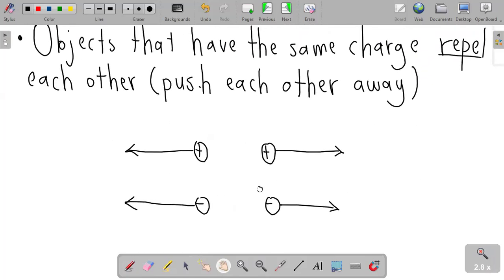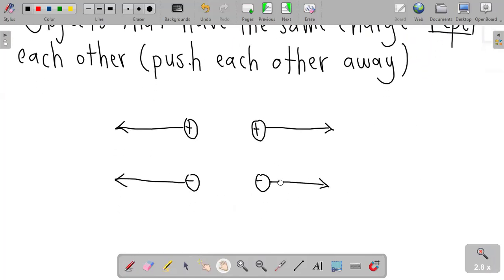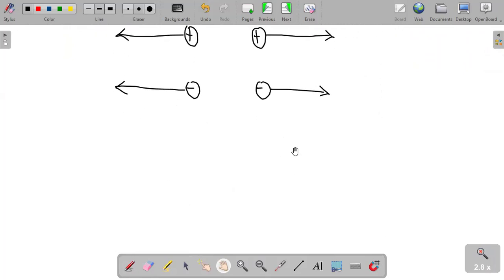So what happens when objects have different charges? The opposite will happen.